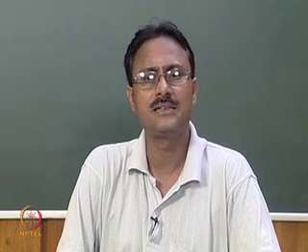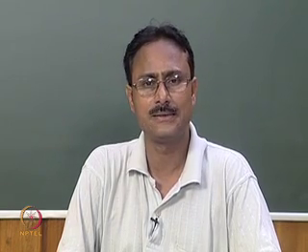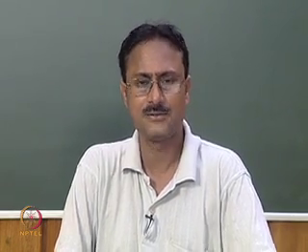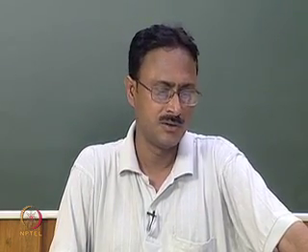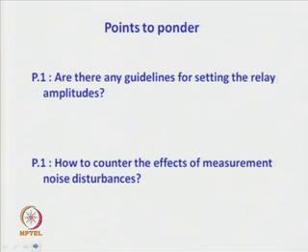When the limit cycle output is very much noisy, in that case one has to judiciously choose the relay amplitudes. Minimum 3 cycles of stable limit cycle output must be obtained before making measurements on the limit cycle output.